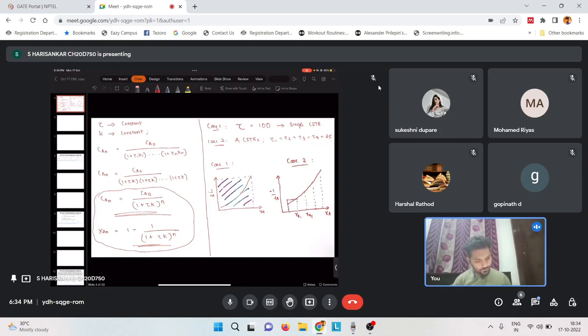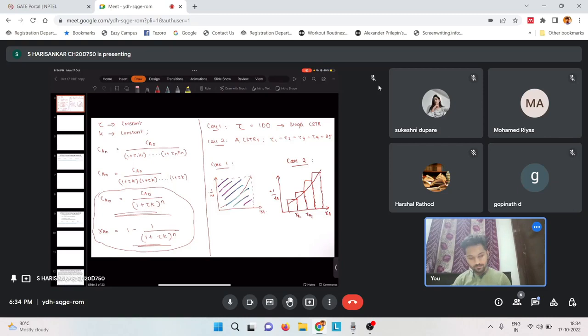So this will be the area for the first CSTR. This will be the area for the second CSTR. This will be the area for the third CSTR, and this will be the area for the fourth CSTR.